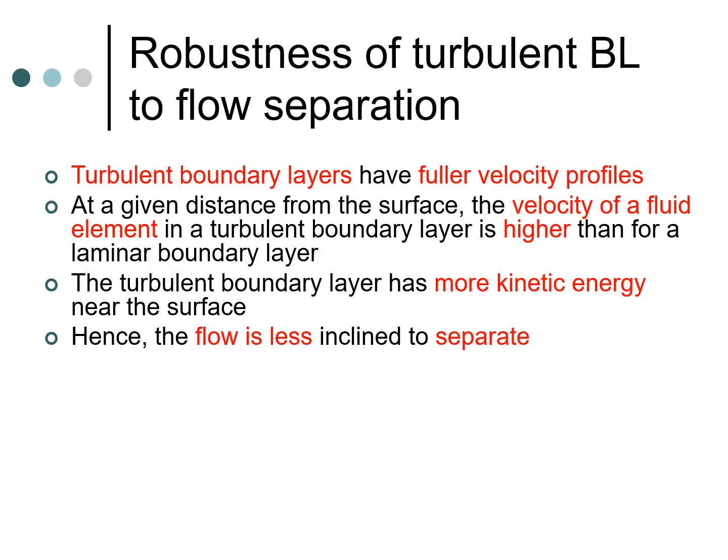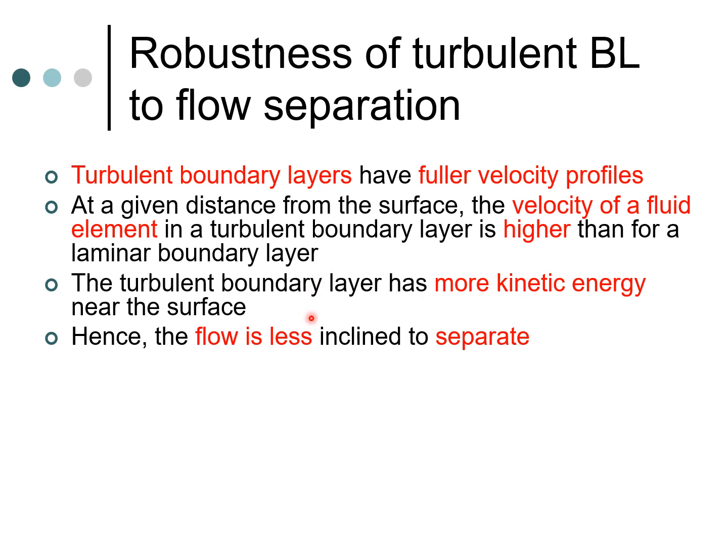Now let's look at the different way this happens in the turbulent and the laminar boundary layer. Remember that turbulent boundary layers have fuller velocity profiles. So at a given distance from the surface, the velocity of a fluid element in the turbulent boundary layer is higher than for a laminar boundary layer.